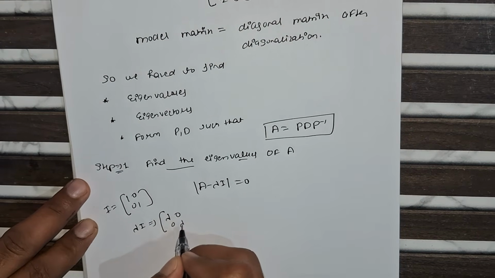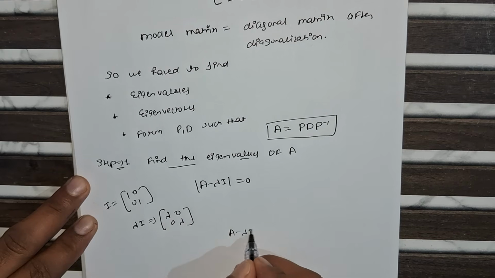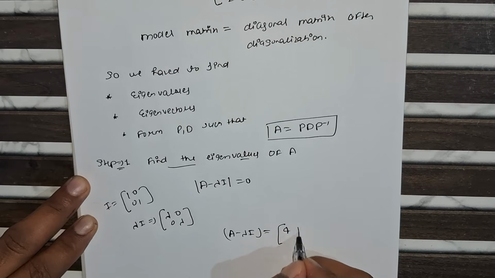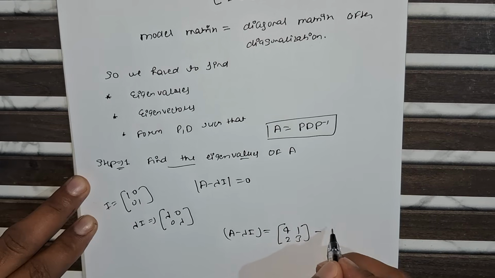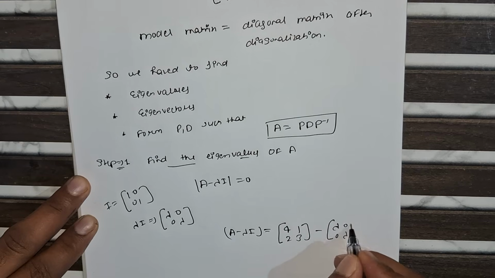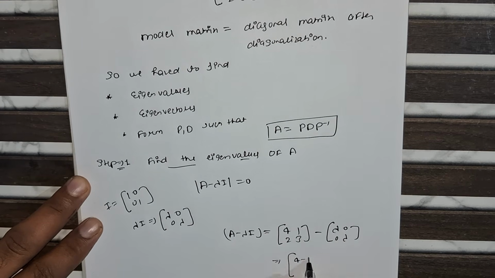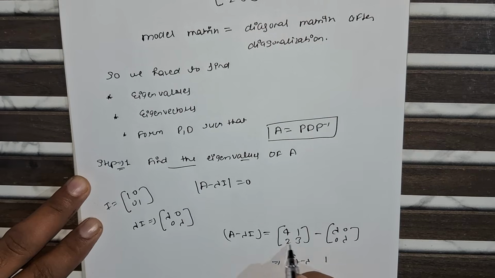[lambda, 0; 0, lambda]. Now we have to find A minus lambda into I, which is [4, 1; 2, 3] minus [lambda, 0; 0, lambda]. After that we got 4 minus lambda, 1, 2 minus 0 so 2, and 3 minus lambda.